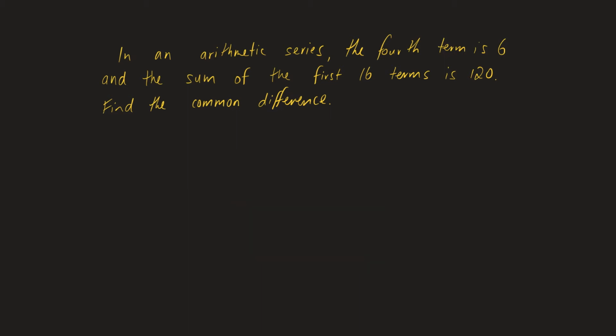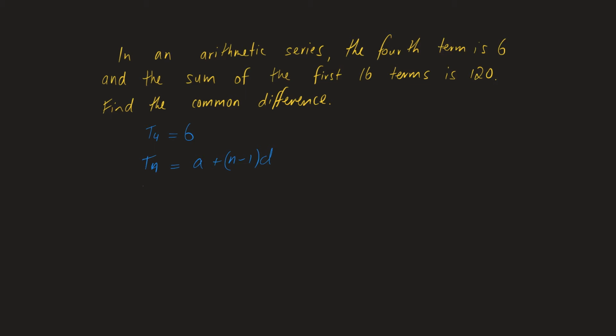Okay, so what I'm going to do to solve this is write down the information that I have. It tells me the fourth term is 6, so term 4 is equal to 6. And if I was thinking of our formula, Tn equals a plus n minus 1 d.